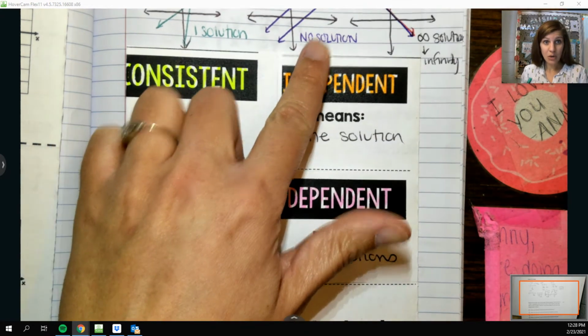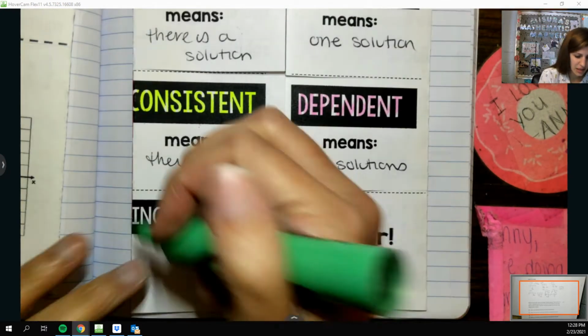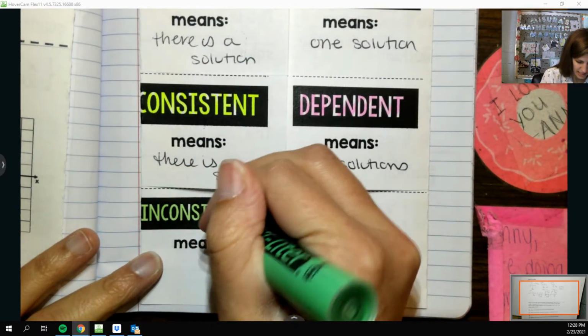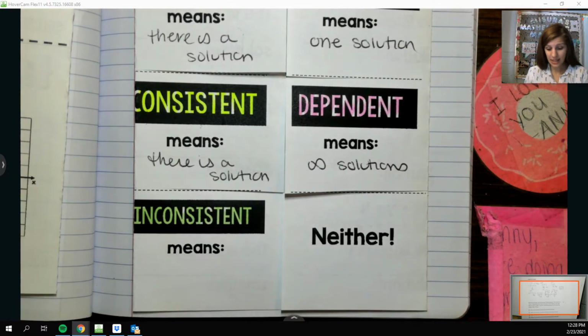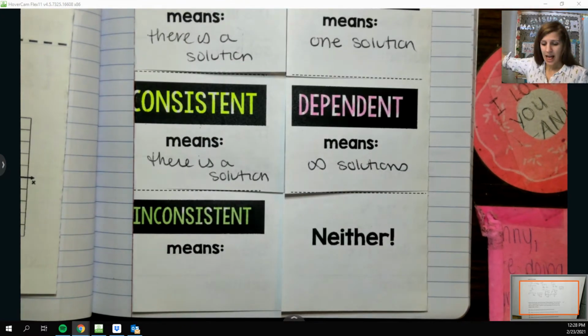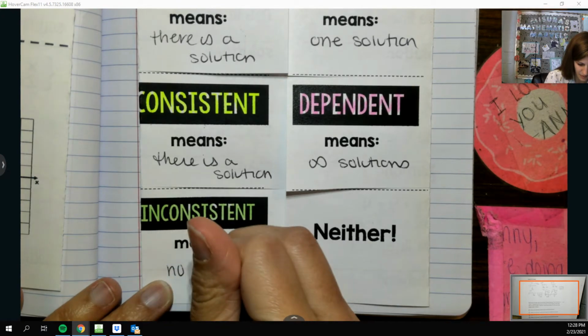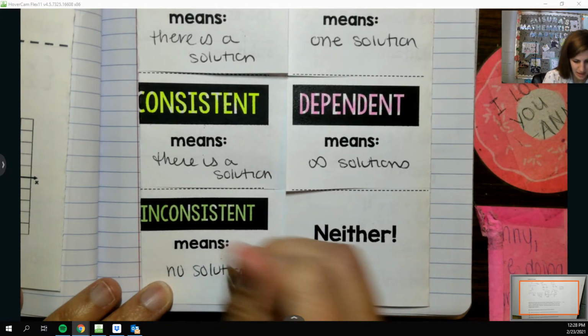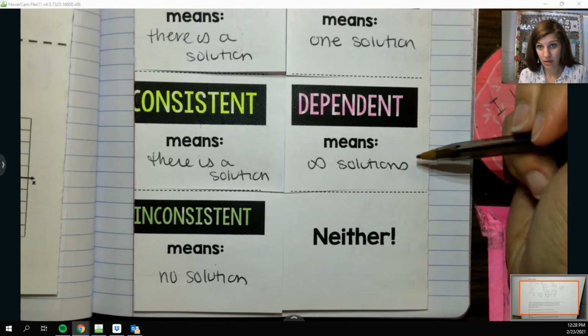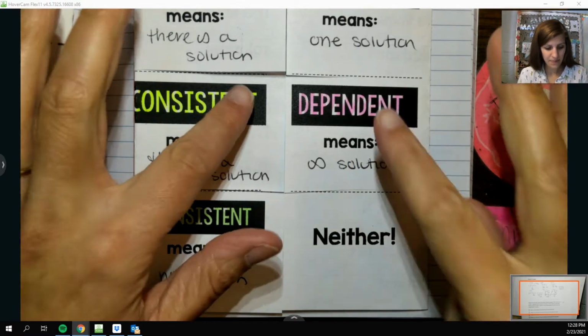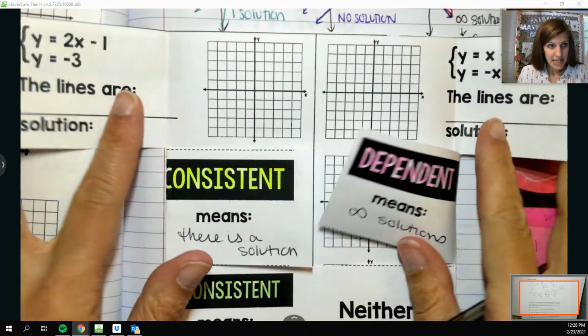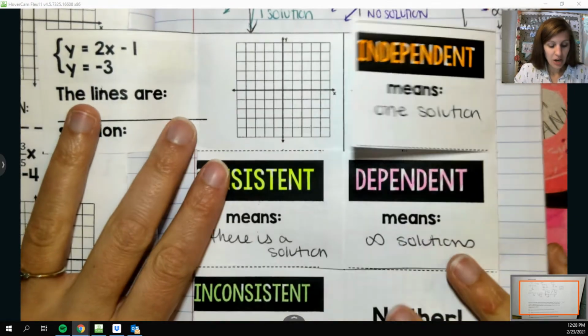When I have no solution and those lines are parallel, you are inconsistent. Not consistent is inconsistent, and that means there is no solution. You wouldn't call it dependent or independent because it doesn't have a solution or infinite solutions. It has none.